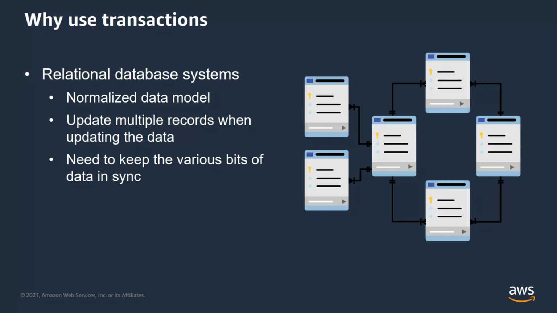But one of the challenges with that is there still end up being use cases where you need to update the information in multiple tables at the same time, or just multiple records within a table at the same time. And so we now need to keep things in sync. We want to make sure that nobody is seeing some weird partial view of the world. They're seeing those changes come as an atomic unit.